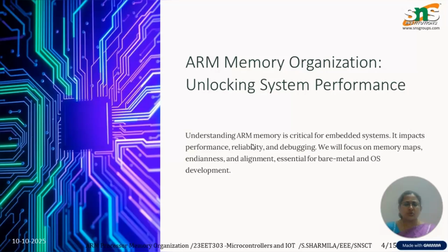Why is this so important? A deep understanding of ARM memory is critical because it directly impacts system performance, reliability, and your ability to debug effectively. This knowledge is essential for both bare metal and OS level development.